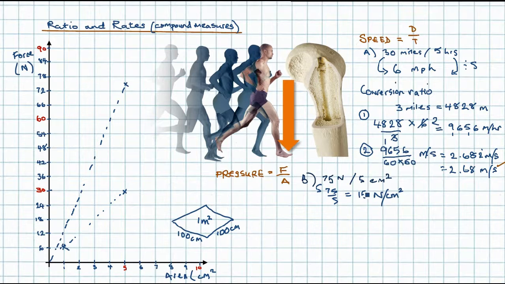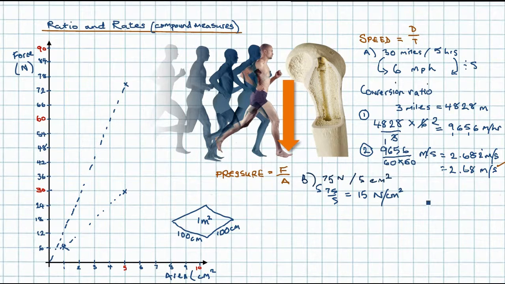Do I then multiply this figure by 10,000? Well, no, because the area is dividing into the force. And if I think about it, it makes sense. Spread over this much larger area now, the force is going to be much less. So I want to divide by 10,000.